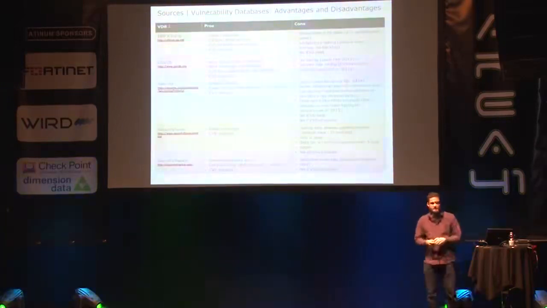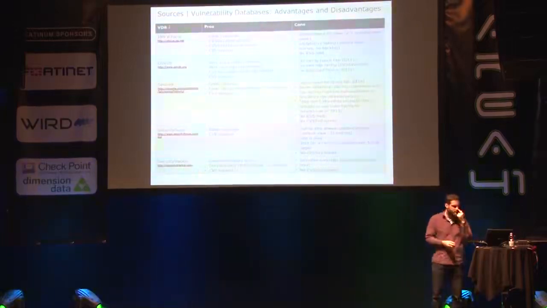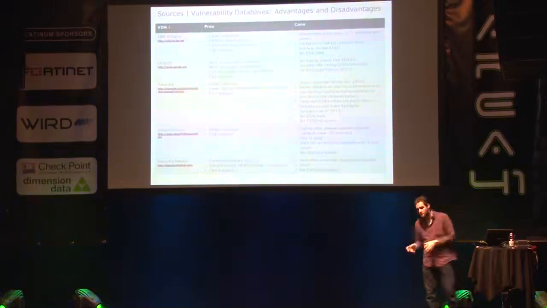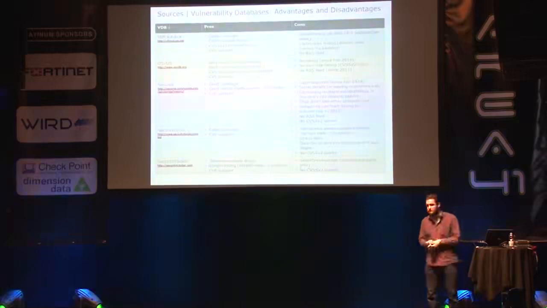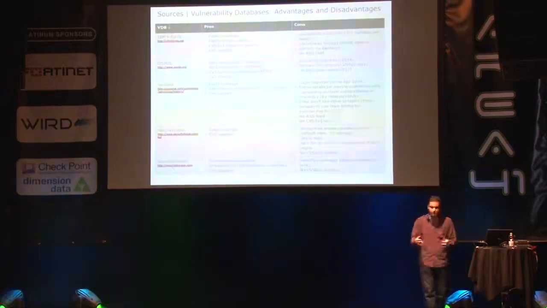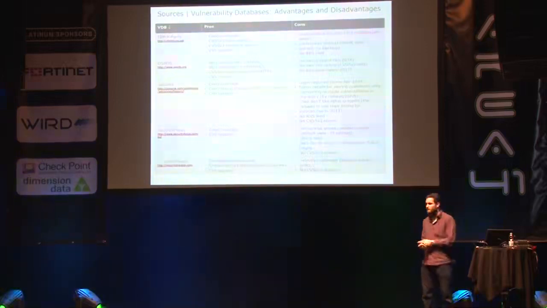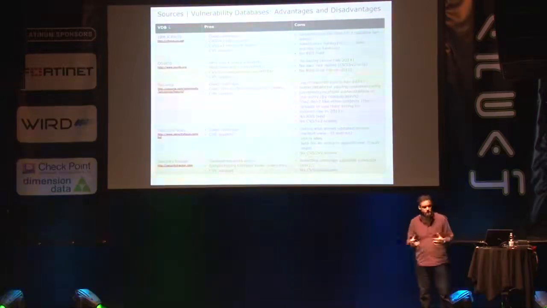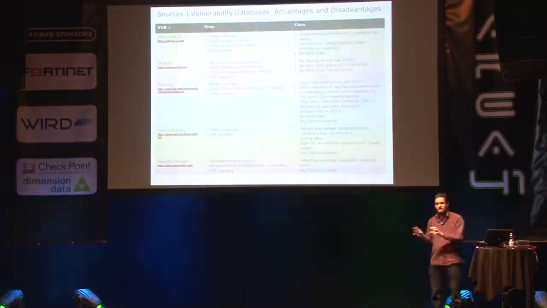For example, OSVDB closed the listing on the main page a few years back, and they closed the RSS feed, and they prevent you from downloading the database anymore, which is very sad. And Secunia introduced a few weeks ago the requirement that you have to log in on the website to see their vulnerability listing. And I think that's not a very good progress because it makes the information not really visible anymore. You have to put much more effort to gain the information you're interested in.